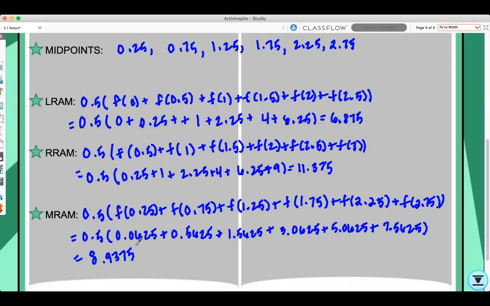So as you can see, using either the left endpoint, the right endpoint, or the midpoint, you can come up with different approximations for the area underneath the curve. So that is how far the particle traveled in total distance.